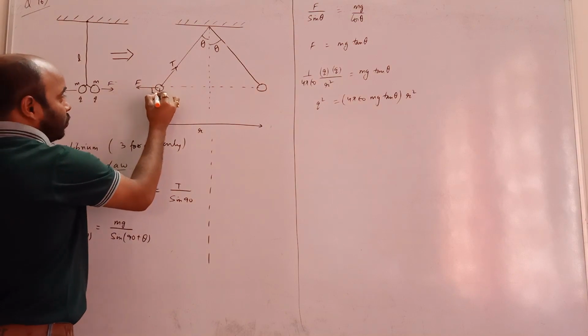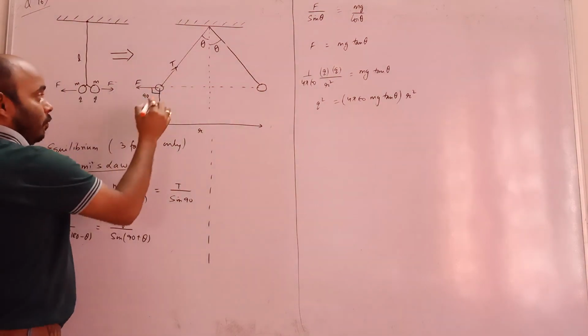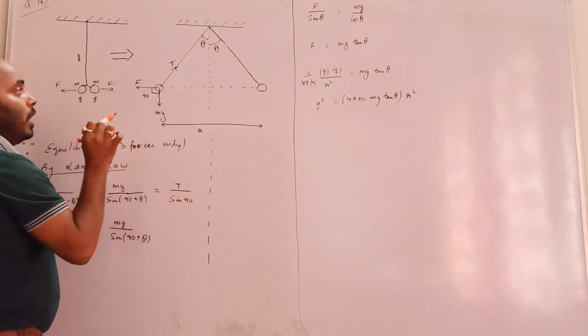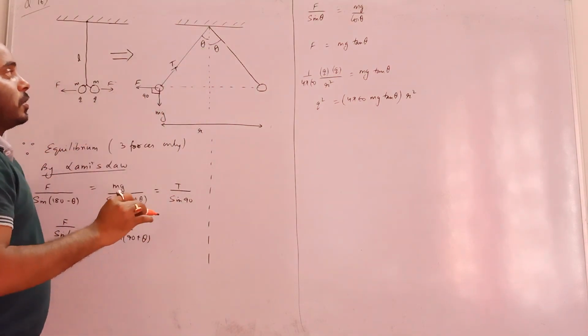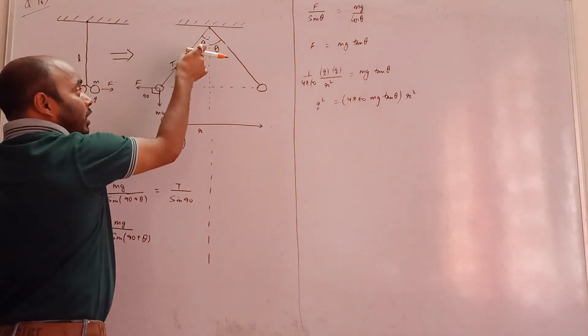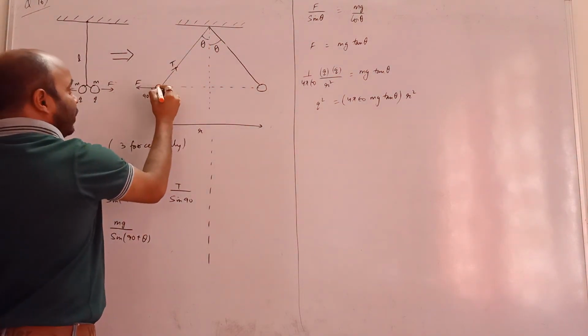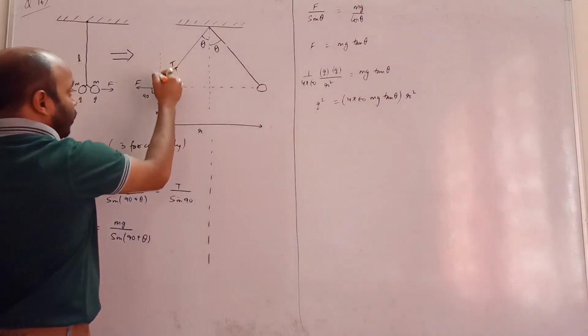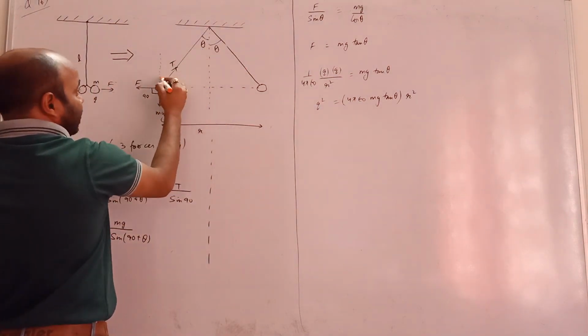What is the angle between these two? 90, I can see. What is the angle between these two? I don't know. What is the angle between these two? I don't know. I know this angle, so anyhow I have to relate this angle here. For that I am doing a construction. I am drawing a line parallel to this. Why? If this is theta, then this will also be theta.